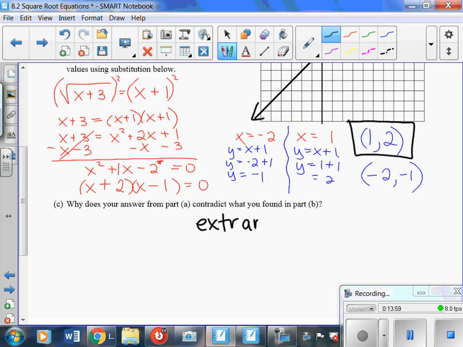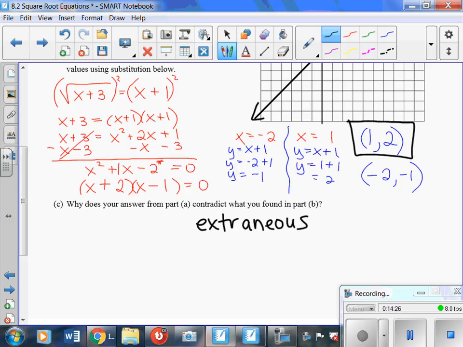Extraneous means it's a root or a solution that we found, all right? But it doesn't work. So it's very important in square root quadratics that you check your answers, okay? Because if you don't check your answers, you'll put both of them down, and one of them actually doesn't exist, okay?